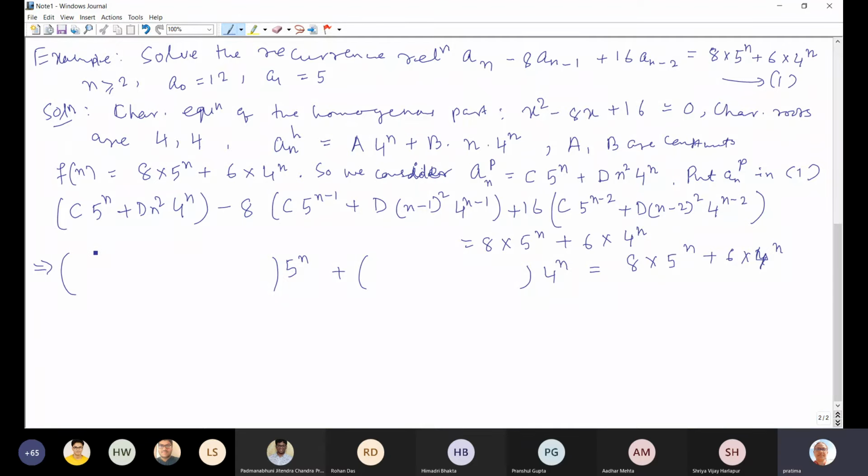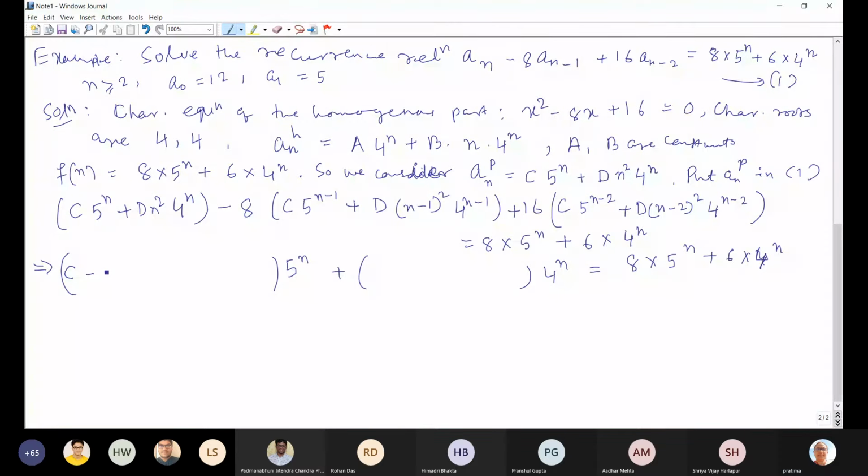This 5 to the power n means here I will get C. And here, if I take 5 to the power n common, then I have to multiply by 5 also, that is minus 8C 5 to the power n minus 1.